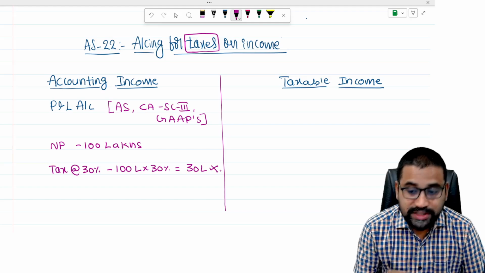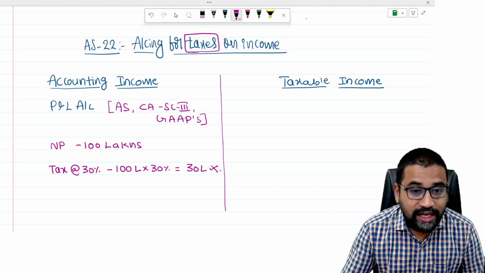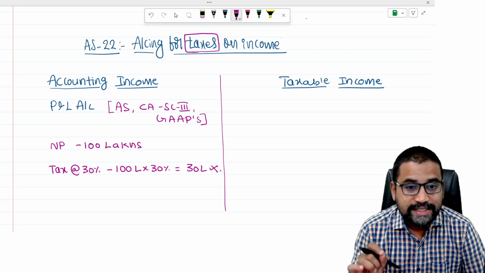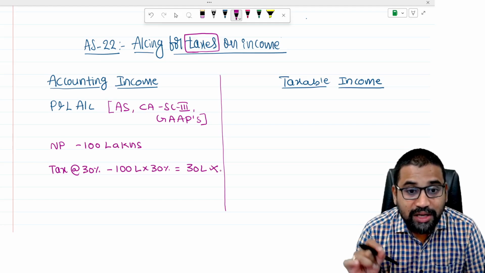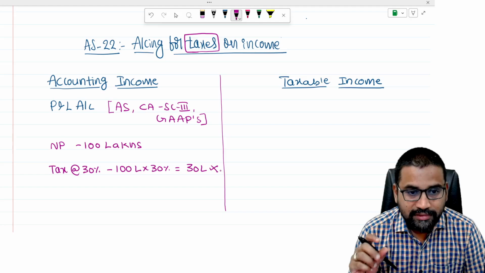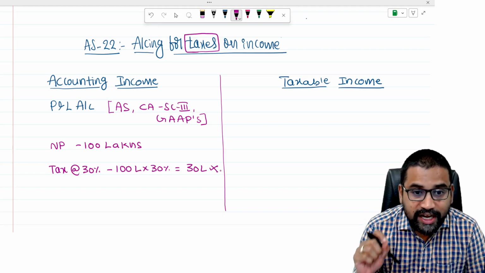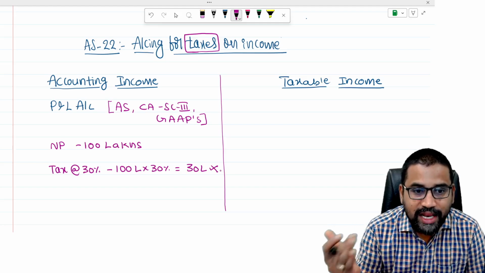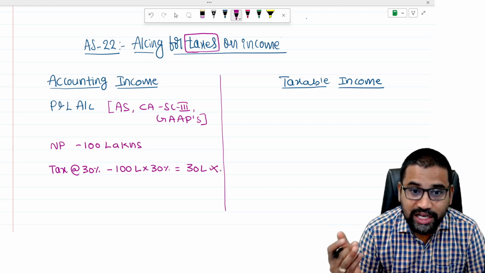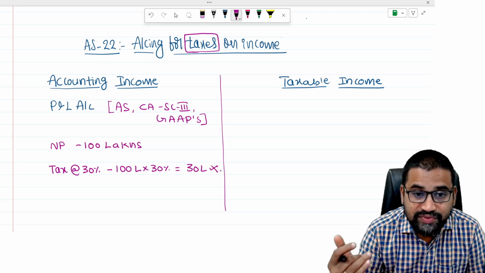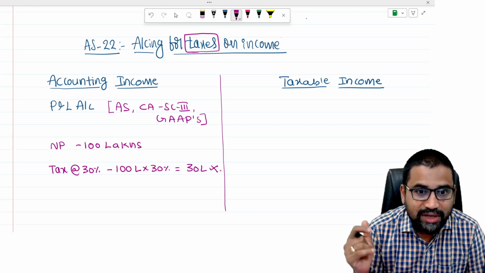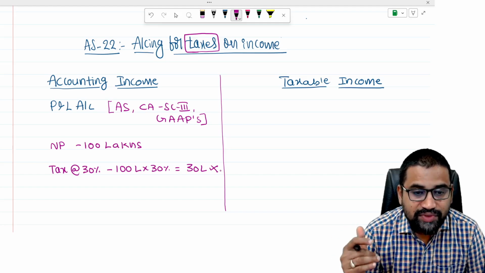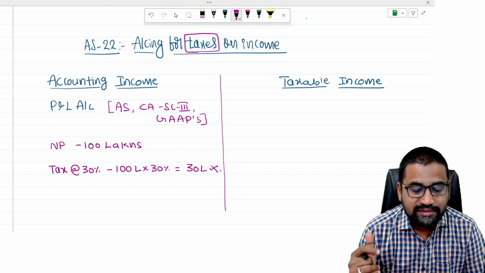Why? Because in India we have a separate act called the Income Tax Act. That act prescribes which expenses are allowed, which expenses are not allowed, which deductions will be given, up to what limit they will be given, which exemptions will be given for which businesses.